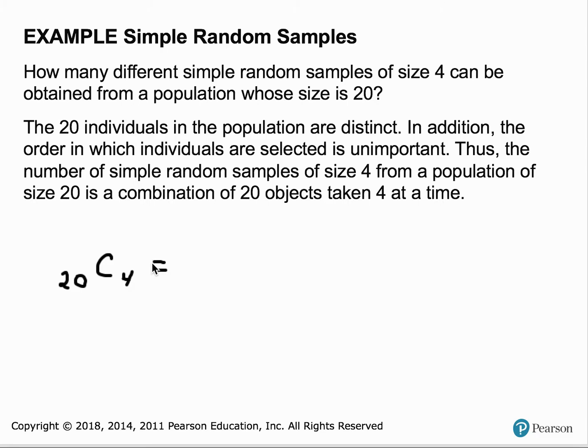And we can put that on our calculator. Let's see, 20, go into the probability and choose the combination one this time, and we get 4,845 different samples of 4 individuals.